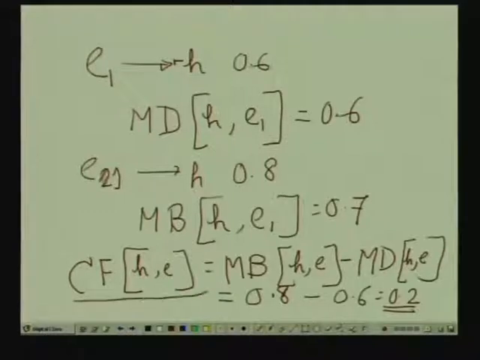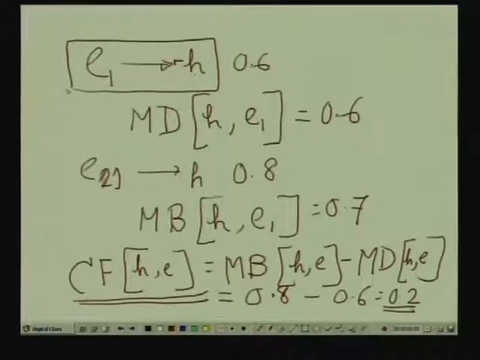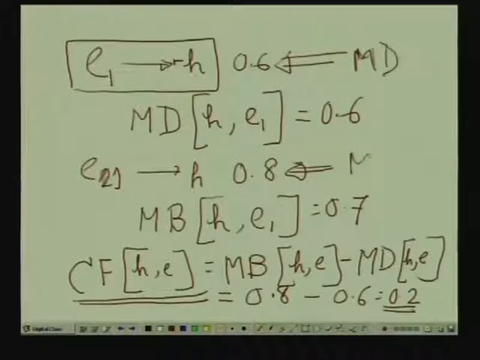We will show that later. The certainty factor is a measure of belief minus measure of disbelief. So a rule can either say in favor of a hypothesis or against a particular hypothesis. This one is in favor, leading to MB, whereas this one is against, leading to MD.